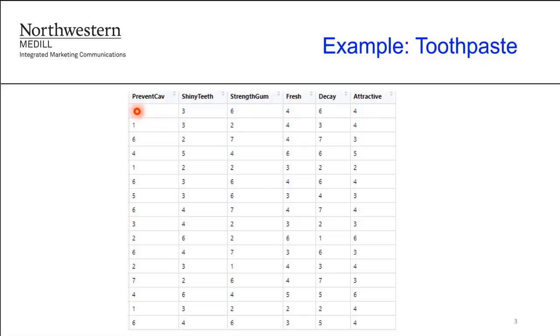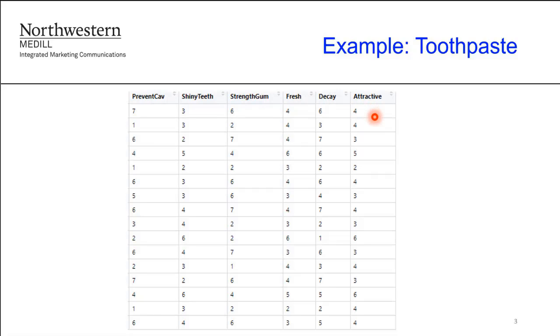The number of questions in the survey is 6, and we are asking if this toothpaste prevents cavities, gives shiny teeth, strengthens the gums, is fresh, prevents decay, and is attractive.